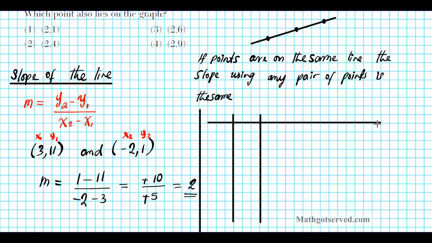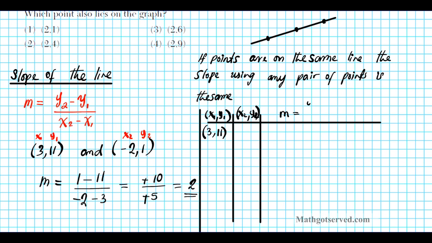The point (3, 11) will always be our x1, y1. For my x2, y2, I'm going to be using different options, and then this is my slope m.